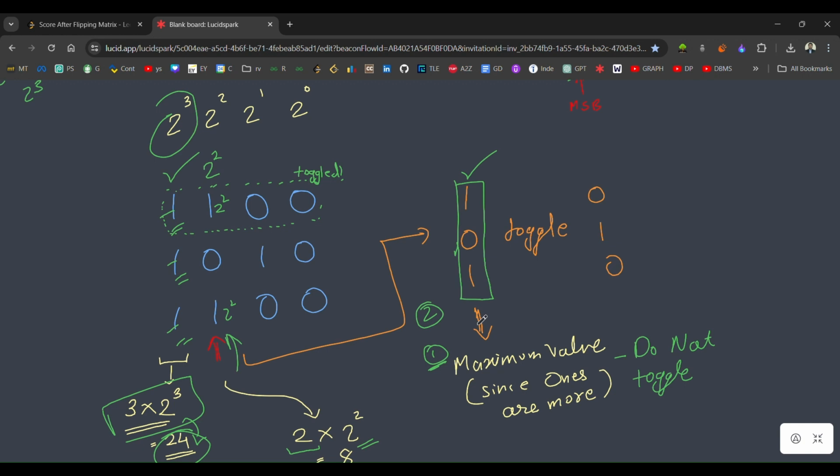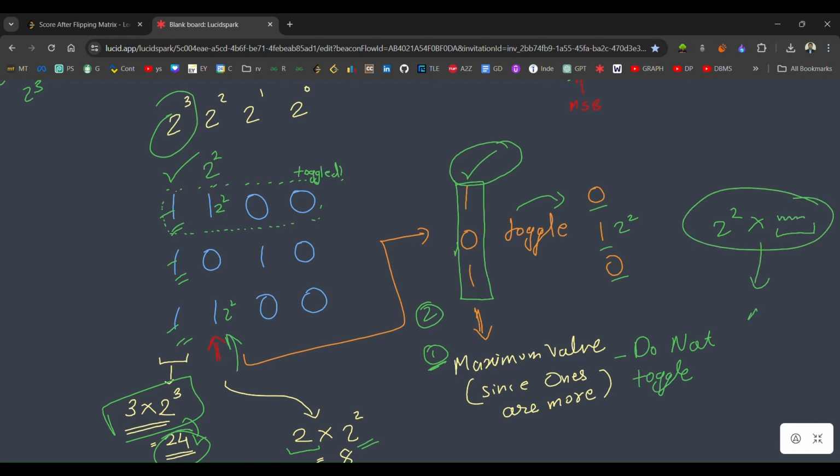So let's say I'm toggling them. After toggling, it will become 0 1 0. So now this will be 2 raised to power 2, right? So which value will be greater? Can I say this? Why? Because here I am having the maximum number of ones, so 2 raised to power 2 into that many ones I will be multiplying.